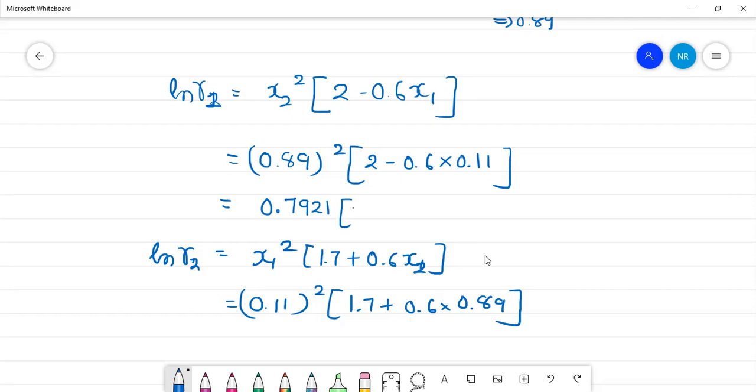So it's 2 minus 0.066. 2 minus 0.066 is 1.934, multiplied by 0.79, so 1.53. Ln gamma 1 is equal to 1.53.